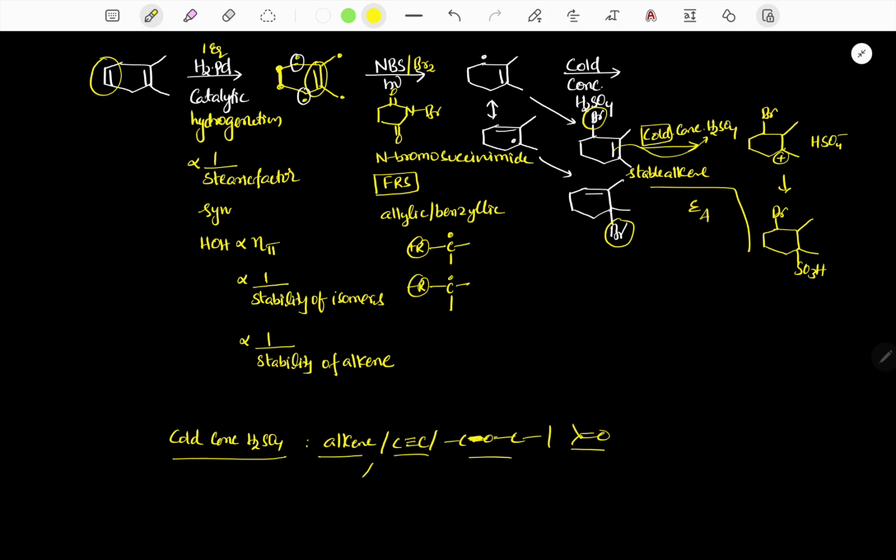So these types of functional groups are soluble in cold concentrated sulfuric acid. Okay, the first one is catalytic hydrogenation, the second is free radical substitution, and the third is electrophilic addition.